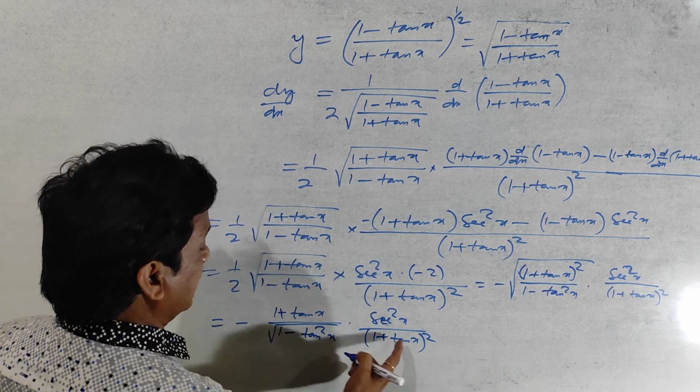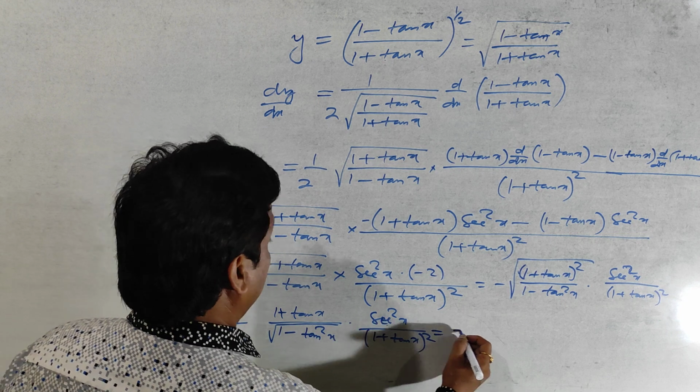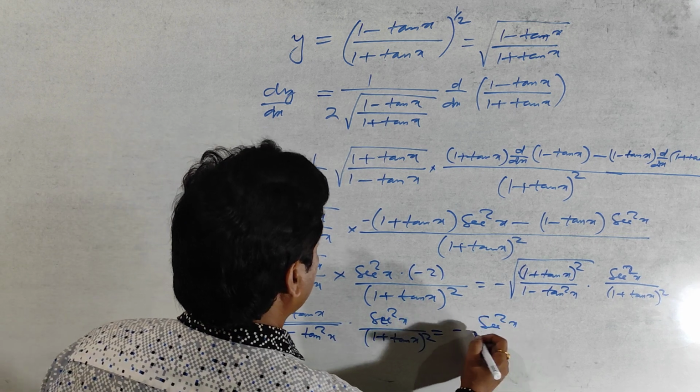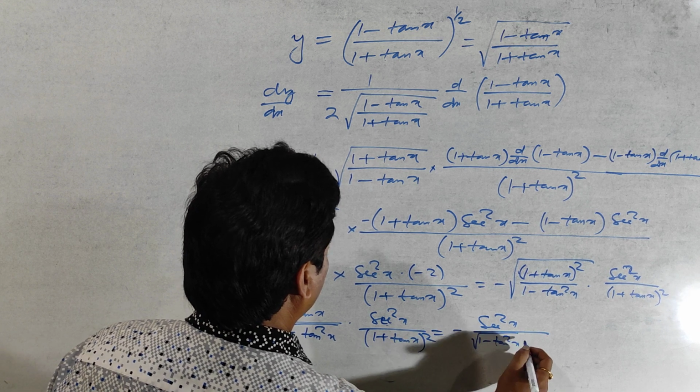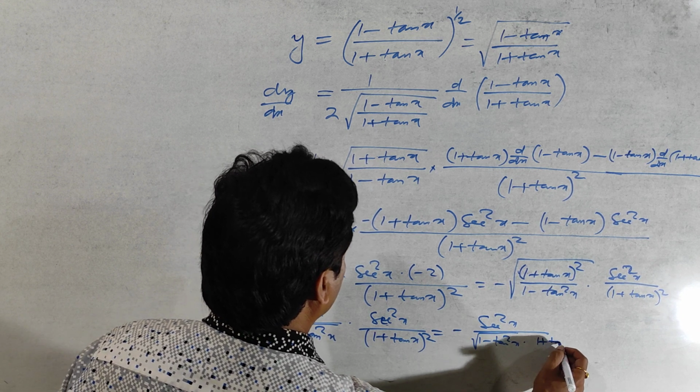And here these two cancel out, only remain minus sec square x divided by 1 minus tan square x root over, into 1 plus tan x.